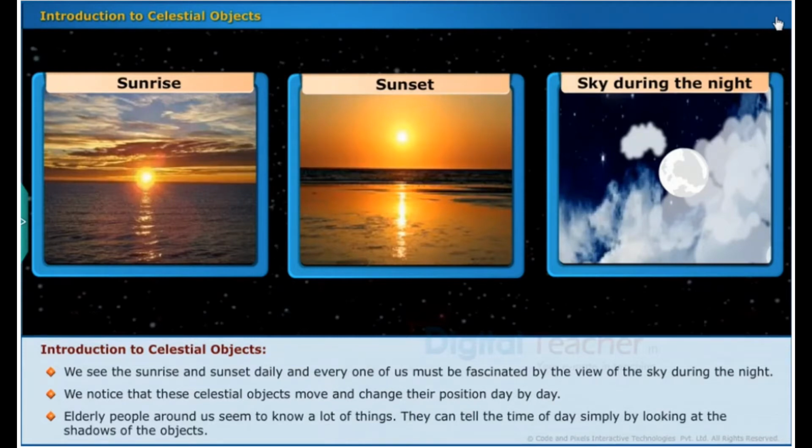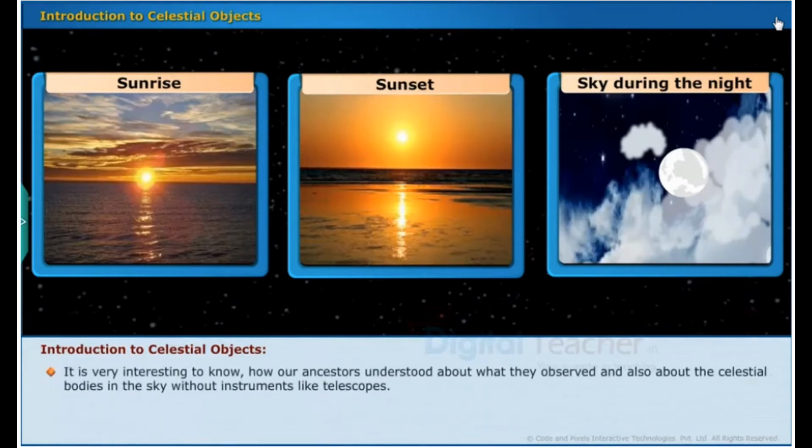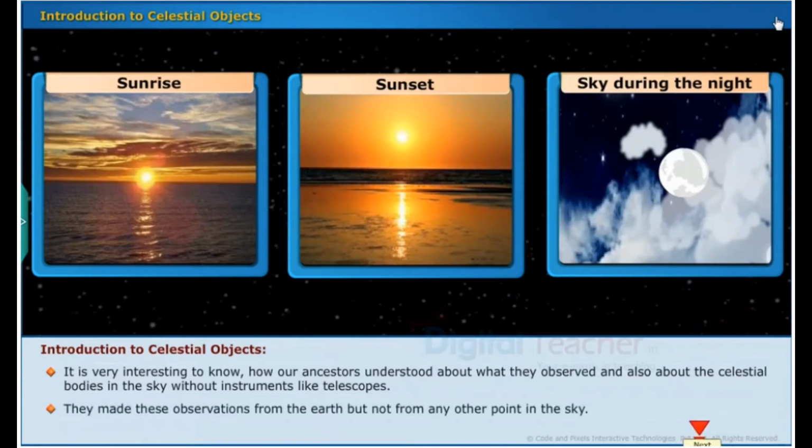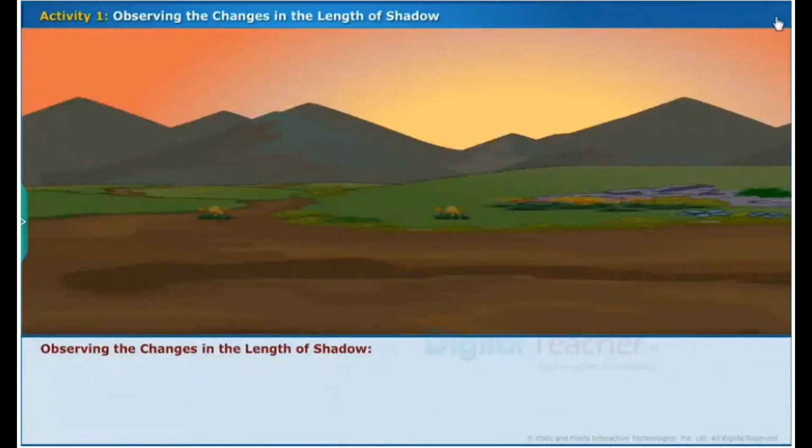They can tell the time of the day simply by looking at the shadows of the people. It is very interesting to know how our ancestors understood what they observed and also about the celestial bodies in the sky without instruments like telescopes. They made these observations from the earth, but not from any other point in the sky.